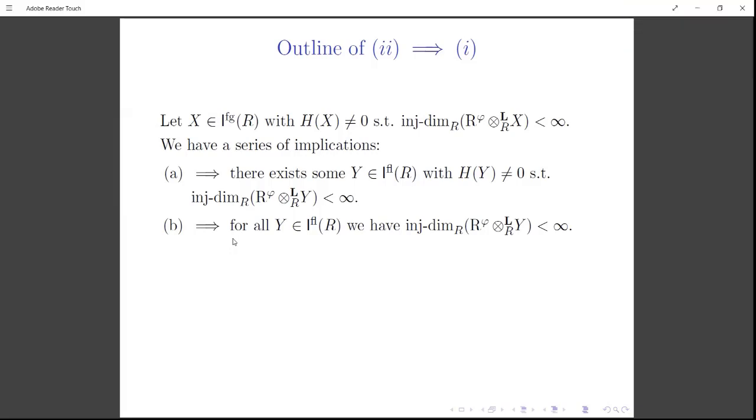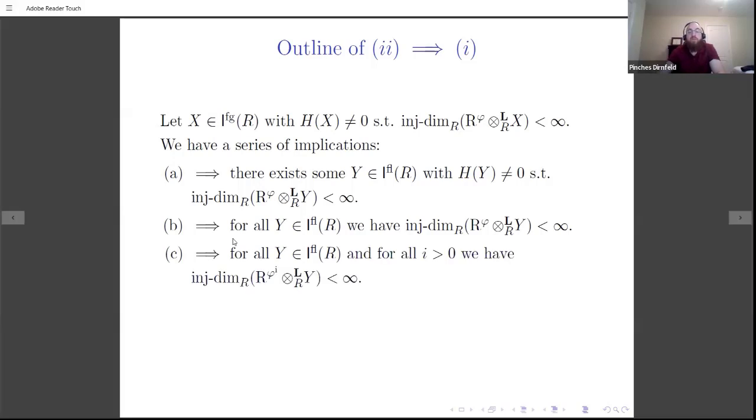Okay. So once I know that for every Y in IFLR this derived tensor product has finite injective dimension, now I'm looking at this complex R phi derived tensor product with Y, and I know it has finite injective dimension and finite length homology. Now I can forget that this complex comes from some Y, and I just take phi again.